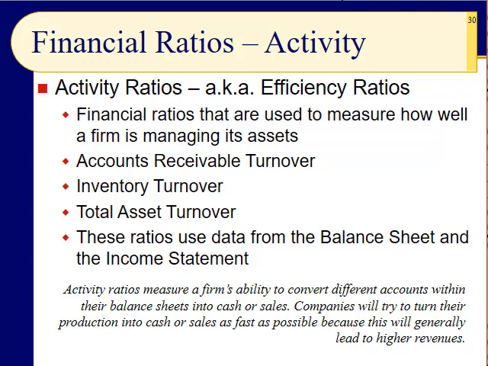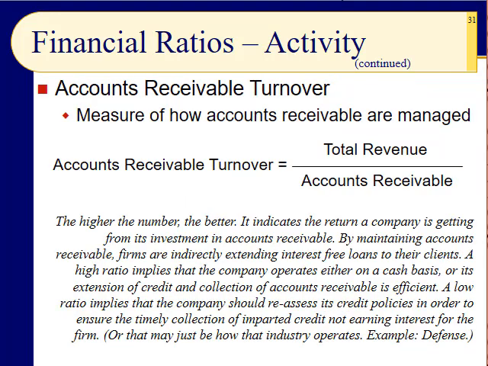So let's take a look at the first one. The accounts receivable turnover. Now, what are accounts receivable? You accountants know that they're basically money that is owed to us. Business to business, often we don't pay in cash. We send the product out, and then our customers pay us after 30 days, 60 days, 90 days.